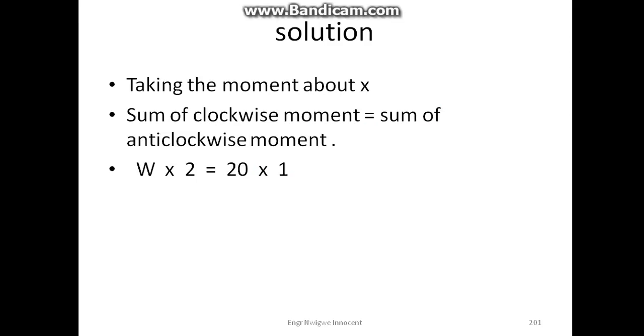Since the meter rule is pulled by a tension of 20 Newton times the distance from the fulcrum, which is 1, making W the subject of the formula, we have 20 over 2 equals 10. That is the weight of the meter rule.